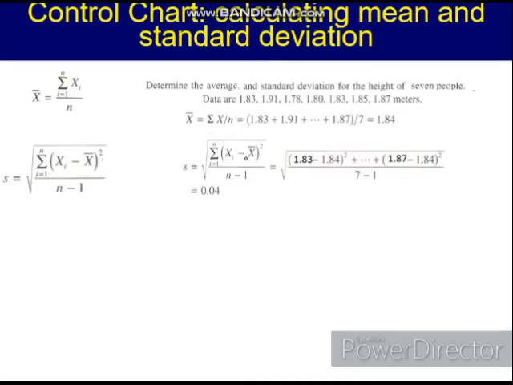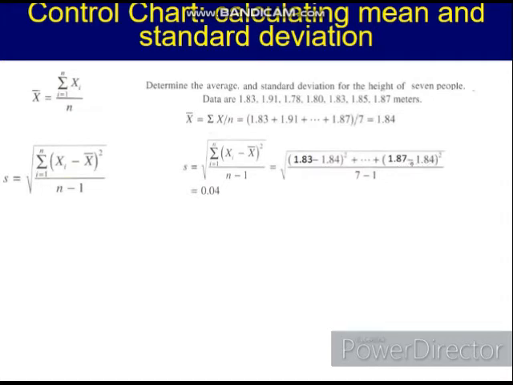So the summation of x minus x bar squared is: the first data 1.83 minus the mean 1.84 squared, plus 1.91 minus 1.84 squared, plus, and the final data point, 1.87 minus 1.84 squared.